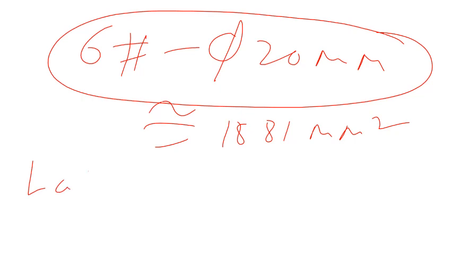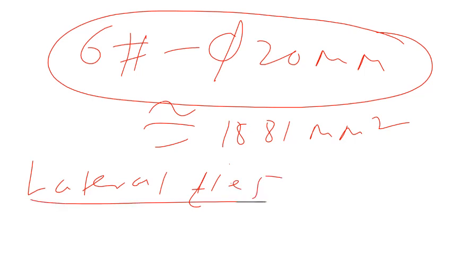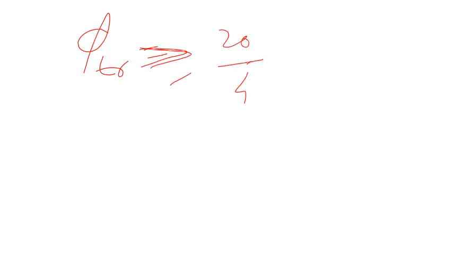The next thing is we have to provide lateral ties, or lateral secondary bars. For these transverse ties, the recommendation is that the diameter of the transverse ties should not be less than 20 by 4, that is a fourth of the main reinforcement, or 5 mm.